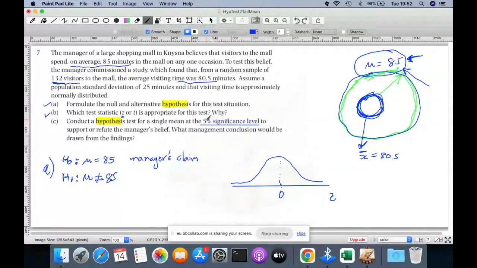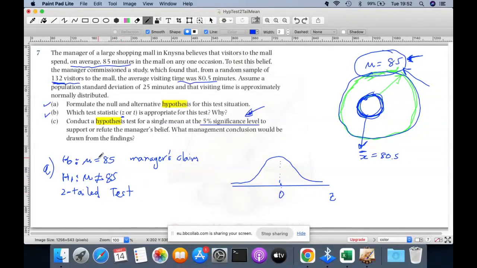Now this is where this 5% level of significance comes in. Because we are dealing with an equals to and a not equals to for H0 and H1, this is known as a two-tailed test. I encourage you to write this when you are stating your hypothesis, because you get marked for this.